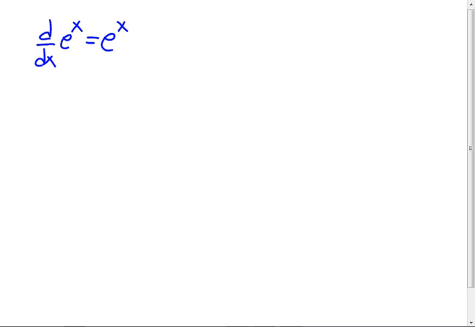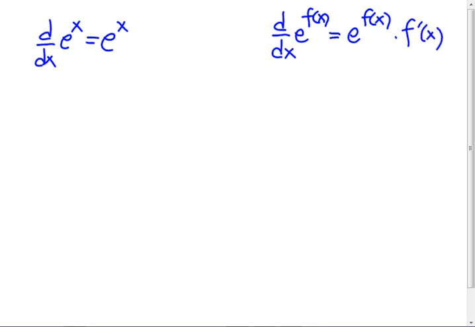Yes. The derivative with respect to x of e to the f of x is equal to e to the f of x times f prime of x. And I'll give you a sheet that will review that tomorrow, so then Wednesday should be easy. But you have to memorize this.